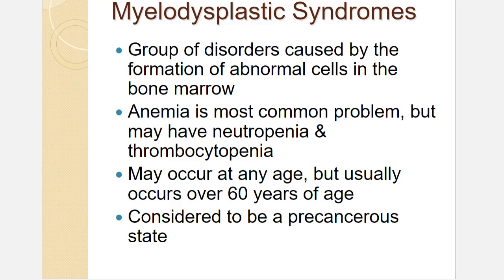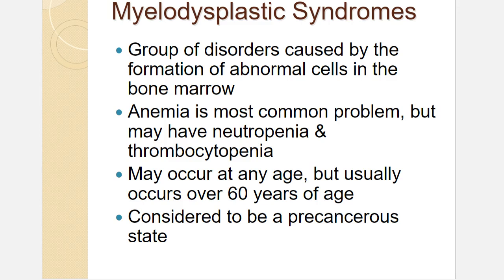Bone marrow loses its ability to produce normal blood cells, so they produce abnormal blood cells. Usually the first sign of this is patients become anemic, okay? And it usually can occur at any age, but really we see it more in over 60, maybe even 55. And the seriousness of this is obviously the anemia, but it can be considered to be a precancerous state, okay?